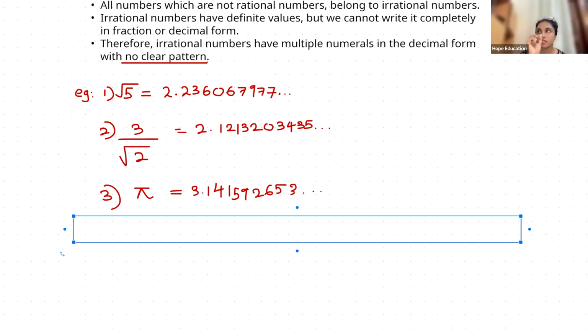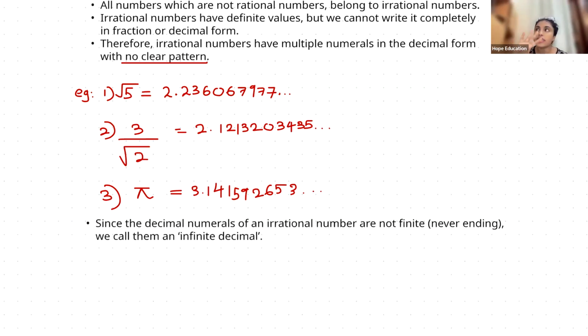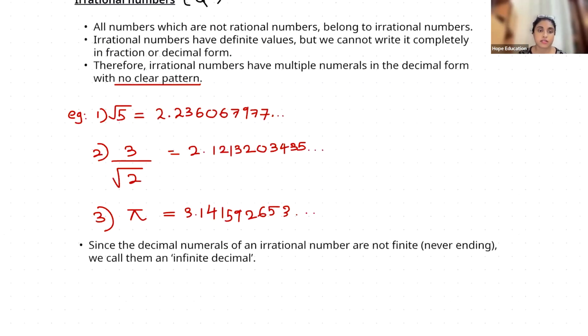So the decimal values are never ending. So we call it infinite. Quickly write. Make it really fast.